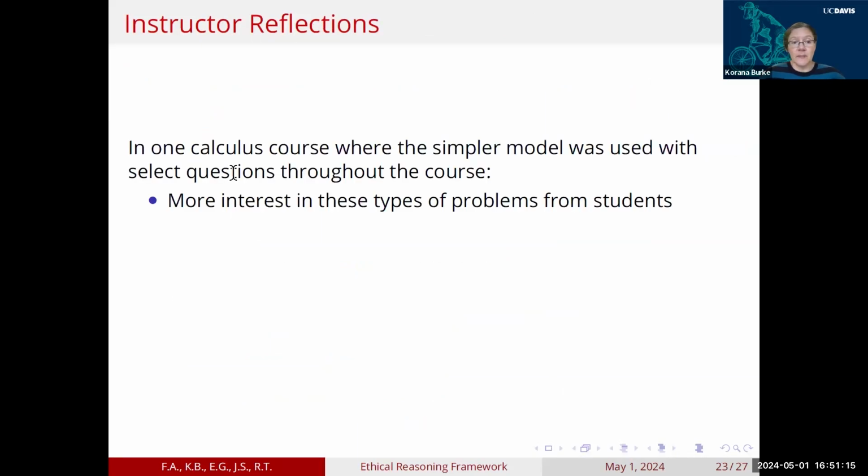So there is more interest in these types of problems from students because now the problems are relevant to them. This is the big take home: by allowing the students to ask these questions. Yes, it's very uncomfortable, like you experienced today, but if you do this on a consistent basis, they become comfortable with it, and now the problems are their problems.